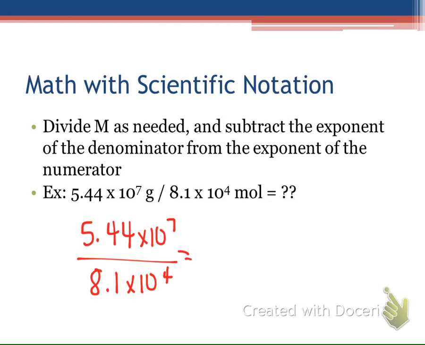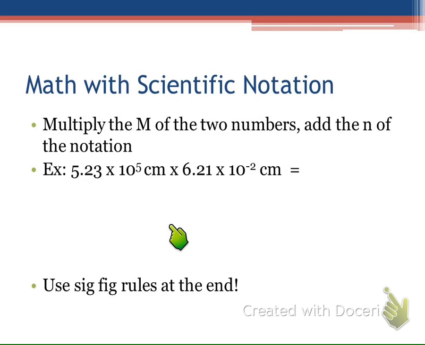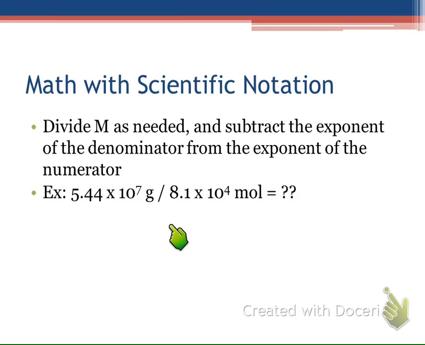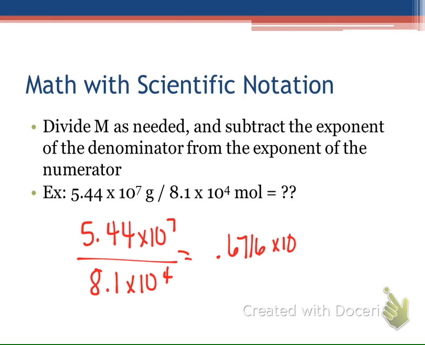So for this, we'll divide these two numbers, 5.44 divided by 8.1. And that gives us 0.6716 times 10 to the, yep, we're going to take 7, oops, I'm sorry. We're going to take 7 minus 4, and we get times 10 to the third.